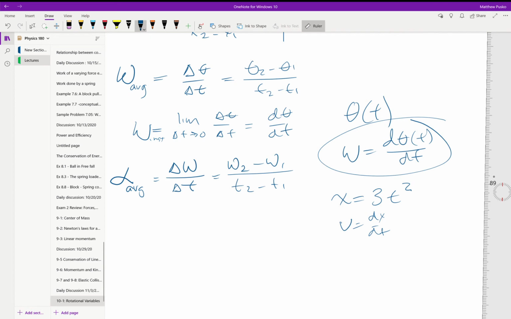How fast did it have to speed up while it was going from point 1 to point 2? It was speeding up, right? Okay, the limit definition then gives us the instantaneous angular acceleration as d omega dt. So all of these are important definitions right here.